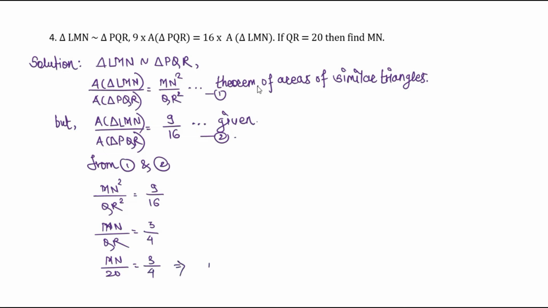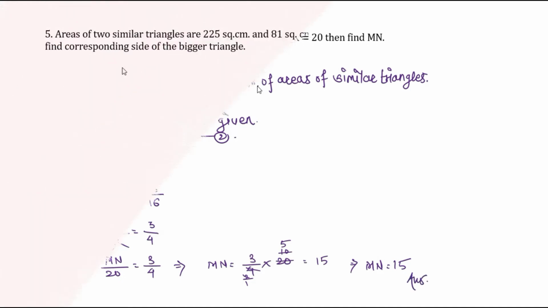So by solving we will get 3 by 4 times 20, which is equal to MN. 4 fives are 20, 3 fives are 15. So MN is equal to 15. This is the answer for this problem.